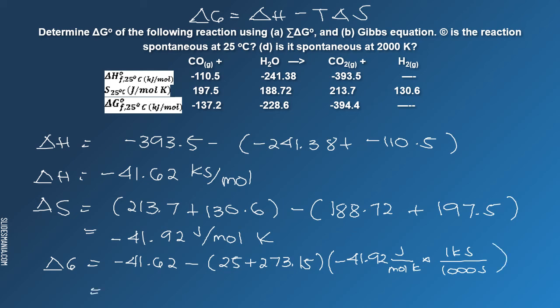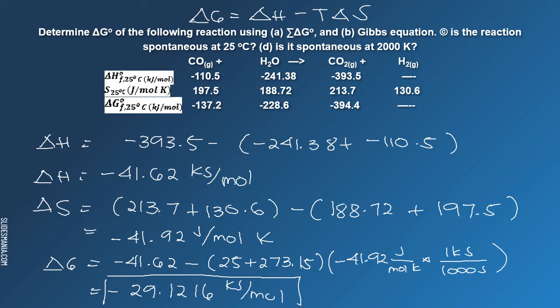So what is our delta G? Our delta G is negative 29.1216 kilojoules per mole. It is quite different compared with the delta G calculated using the direct equation.